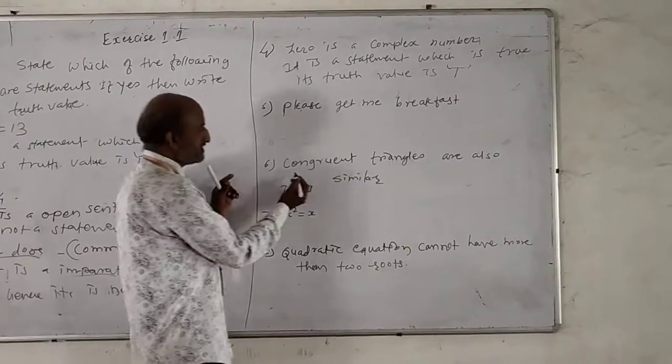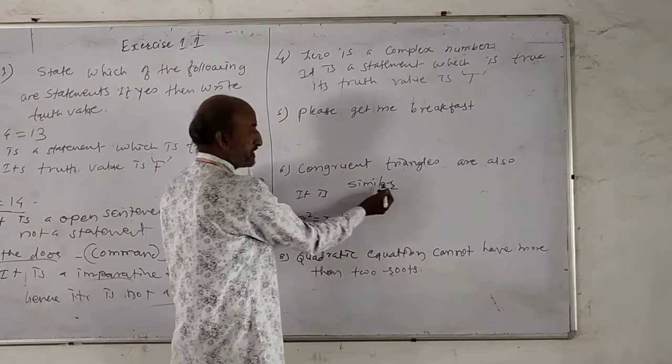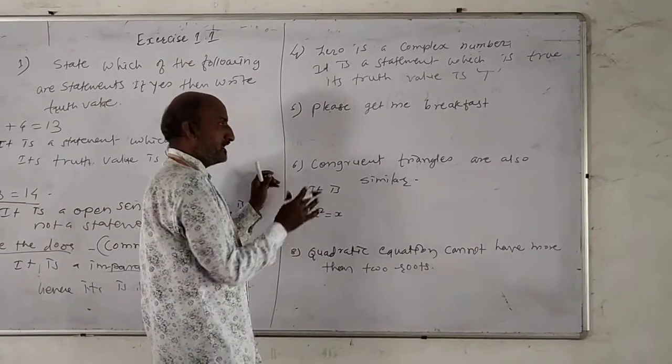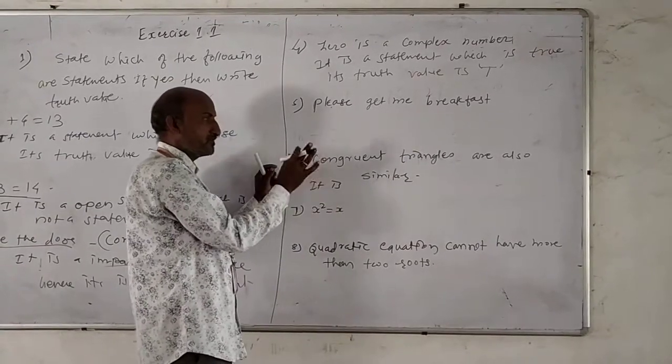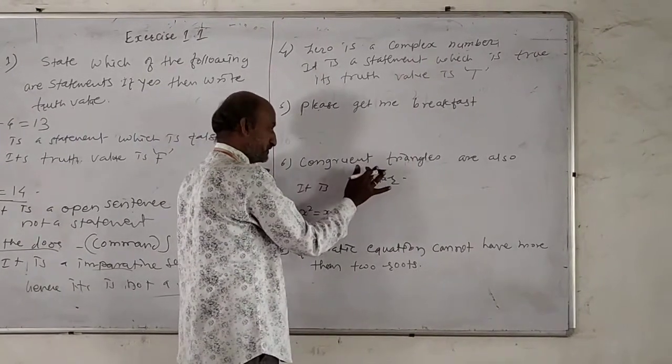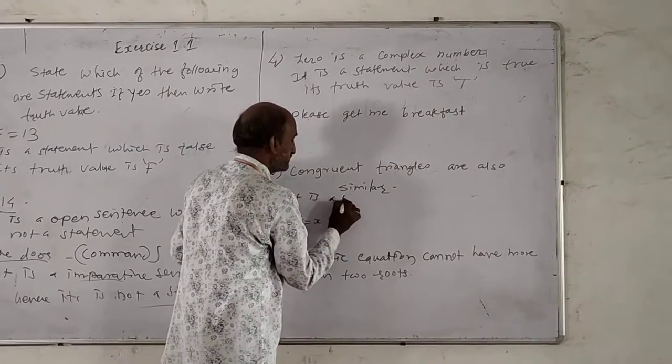Next one is congruent triangles are also similar. This is a statement which is true. Then how to write the answer?